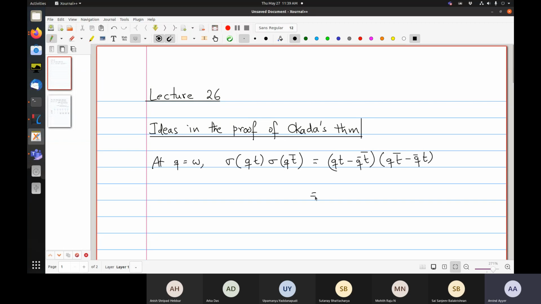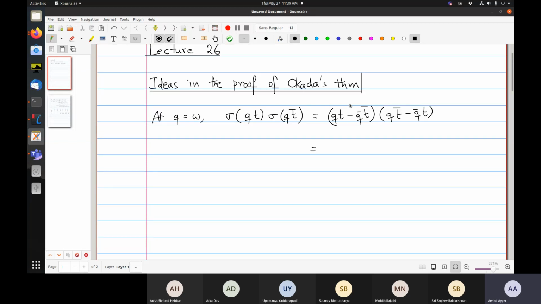And now let's see what happens. So this is q squared t squared minus 1, and this will become q squared minus t squared when I multiply by terms, and I'll get a qt over here and a qt over here, so I'll get q squared t squared.